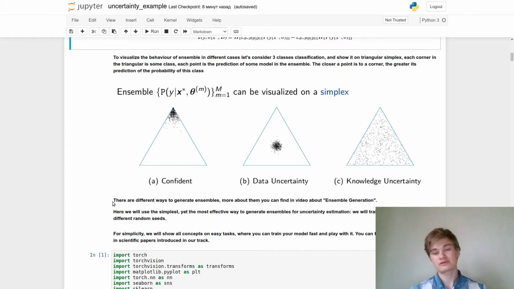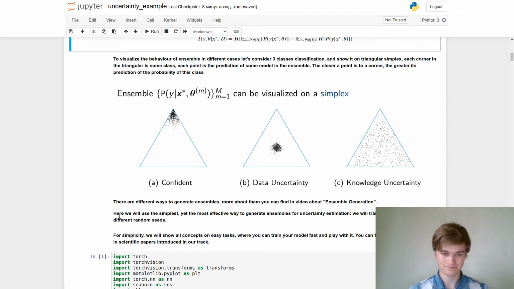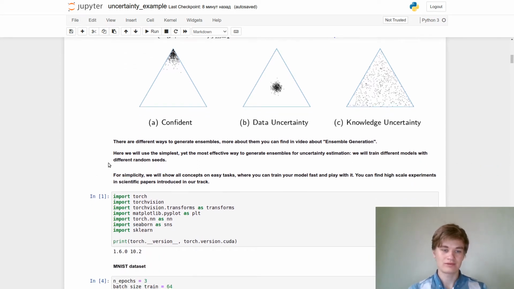More information about different ways to generate ensembles you can find in our video about ensemble generation. We will use the simplest and yet the most effective way to generate them.